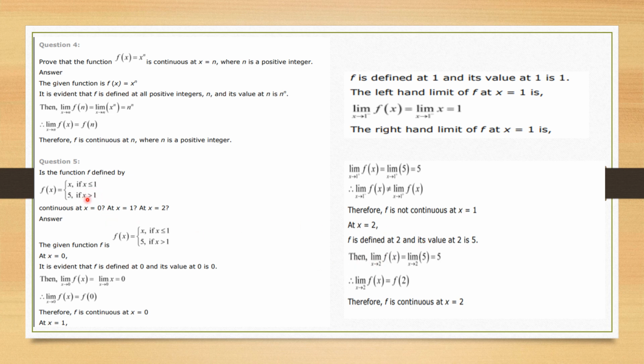So at x equal to 2, I'll check limit x up to 2, f(x), that is equal to 5, and the value of f at 2 is also 5 itself. So the function is continuous at x equal to 2.